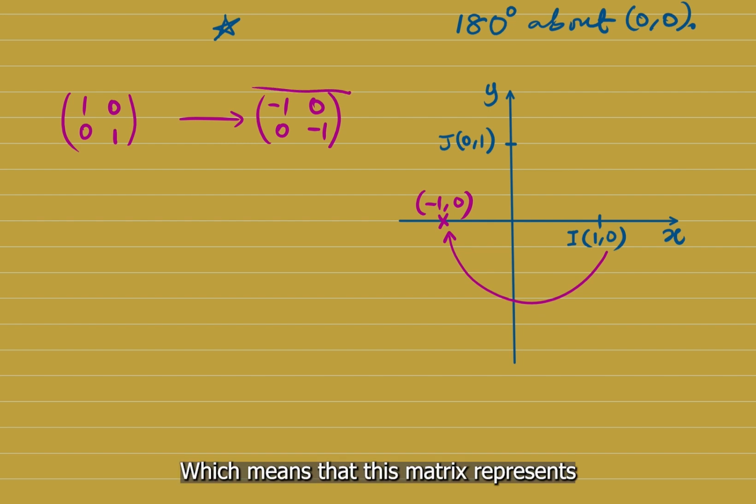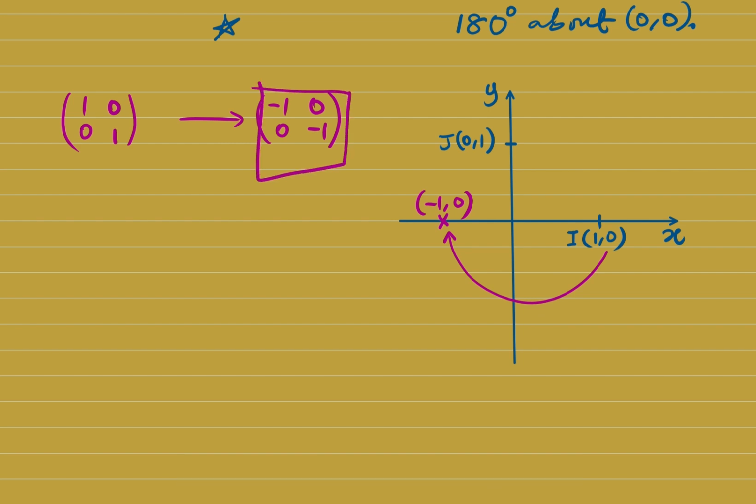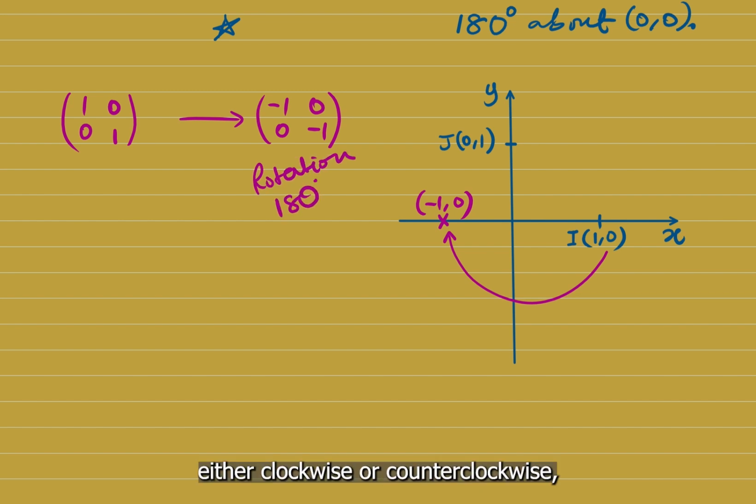Which means that this matrix represents a rotation 180 degrees, either clockwise or anti-clockwise, about the origin.